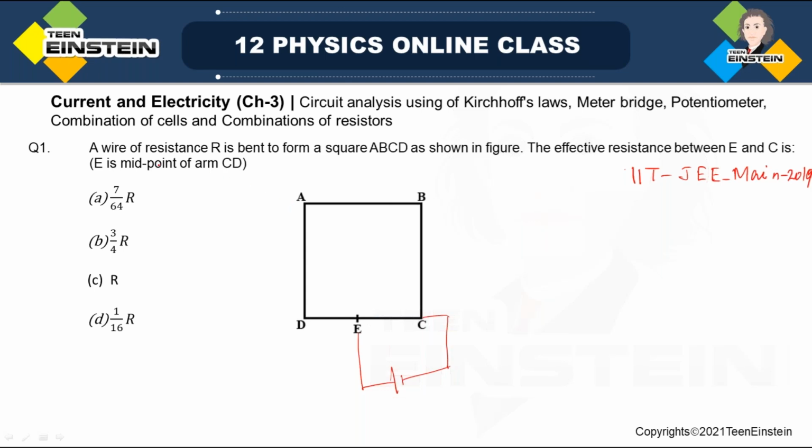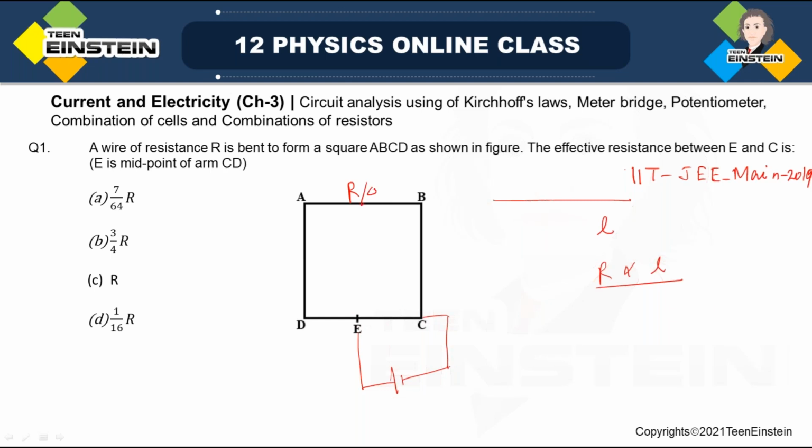So here there was a wire. Suppose the whole length of the wire is L. Now when you form the whole wire into the form of a square, since the resistance is directly proportional to the length of the wire, all these sides will carry the same amount of resistance.